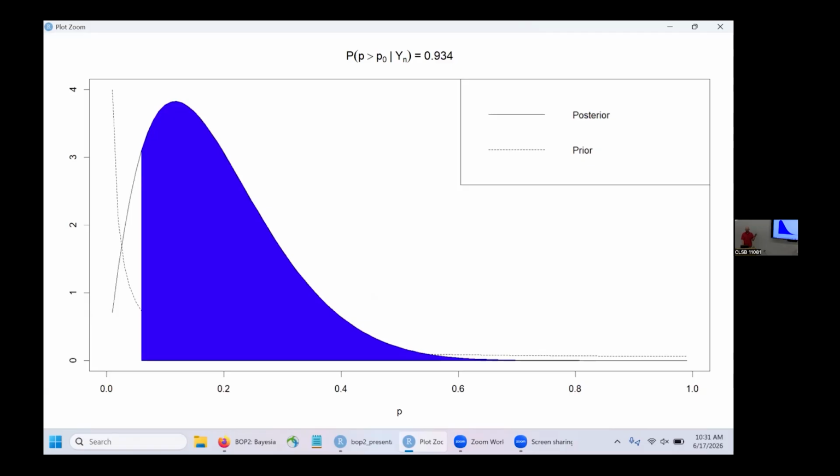I put the mean of this prior on the null value, 0.05, not 0.5. It doesn't matter as long as you know the effective sample size and that second value, the mean. So the prior in this case is beta with the first parameter equal to 0.05, second parameter 0.95. Oh, so it's not symmetric. Yes, exactly.